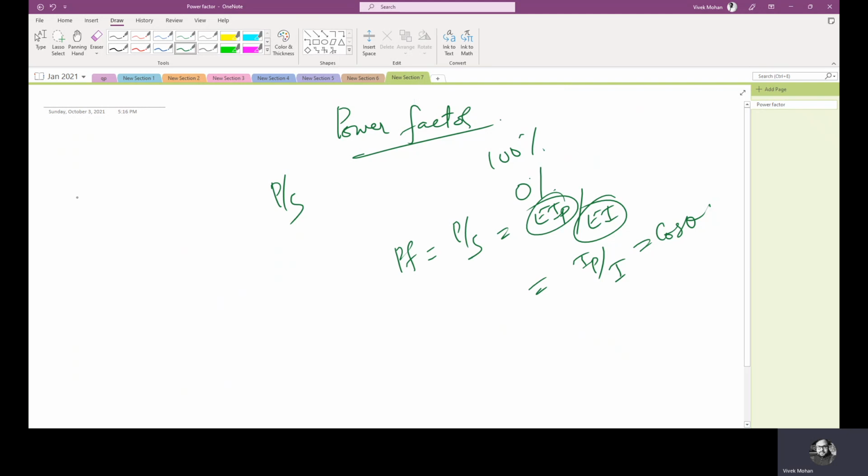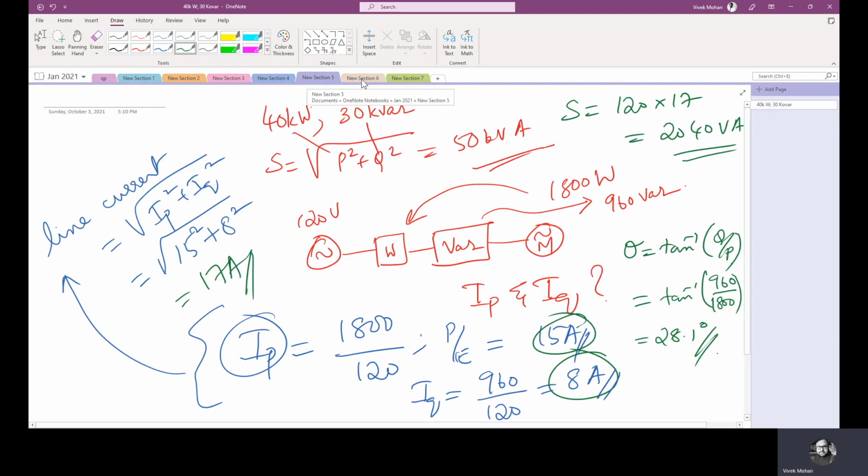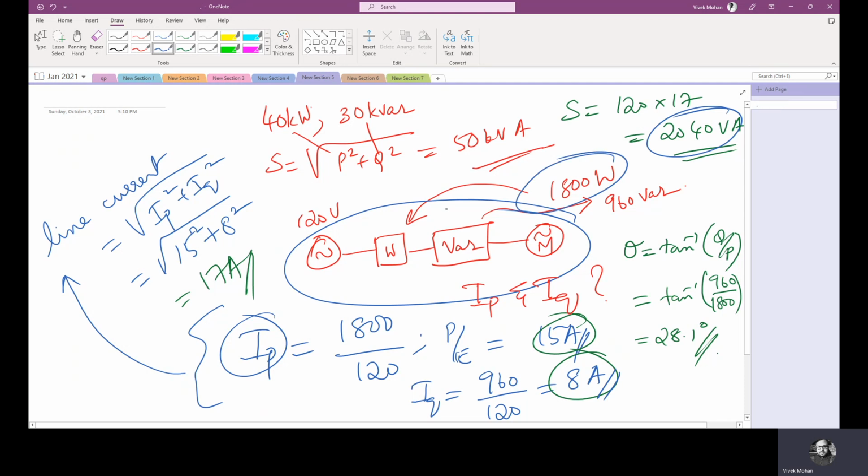Calculate the power factor of a motor again in the same example. The motor we considered here. We are going to find the active and apparent power. The apparent power was 2040. The active power was 1800 watts.